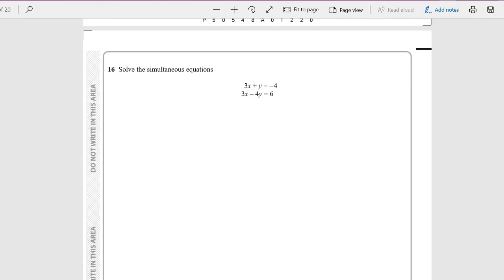Solve the simultaneous equations, number 16. I really enjoy simultaneous equations for some reason. So let's think about this. We could do either elimination or substitution. Looking at this, let's do elimination. So let's call that 1, let's call that 2.